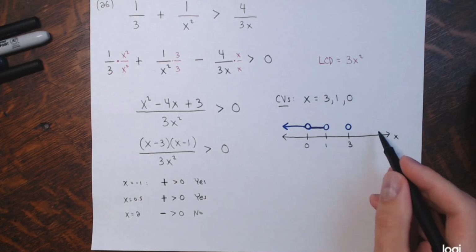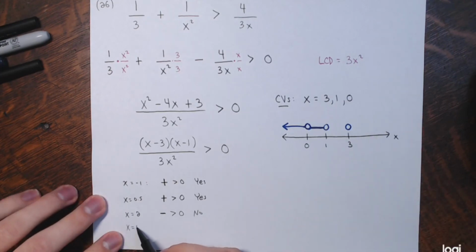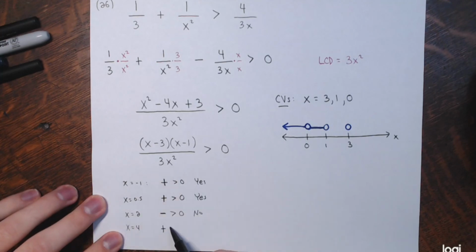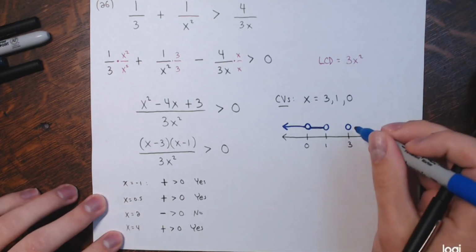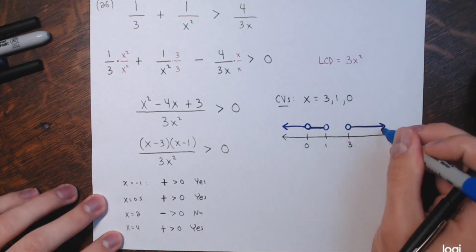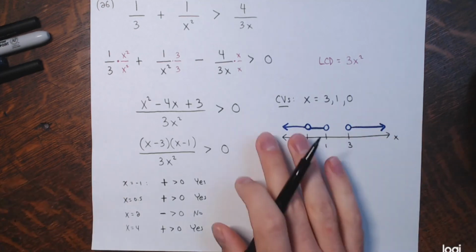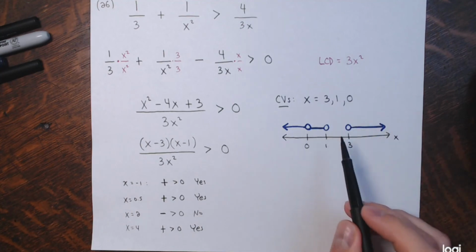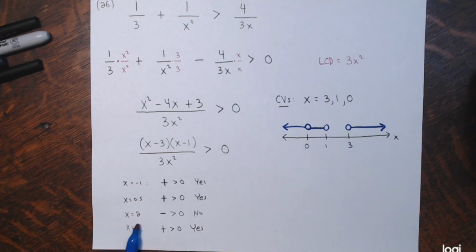And then to the right of 3, say x equals 4. Positive, positive, positive, everything positive on the left. Is that greater than 0? Yeah. So the numbers to the right of 3 are all solutions. So we have lots of solutions, right? Everything except for 0, 1, and 3, and everything between 1 and 3. Those are the only ones that are not solutions.